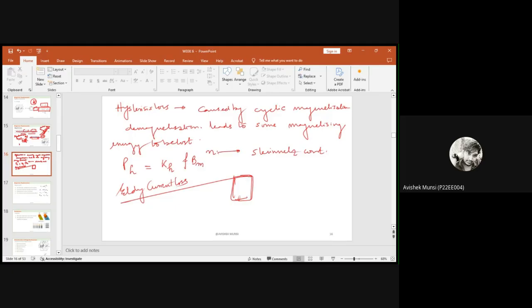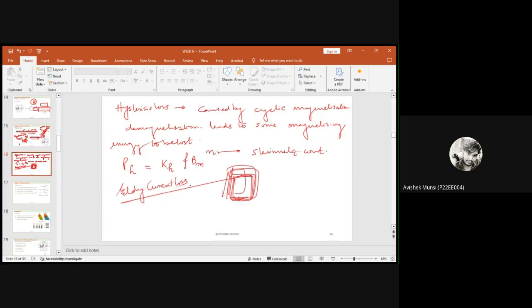It can produce eddy currents due to the excitation of AC magnetic flux, which is induced by the voltages as a result of Lenz's law. So this loss can be reduced by using a laminated core. In case of a transformer, you can see that often they use laminated cores.